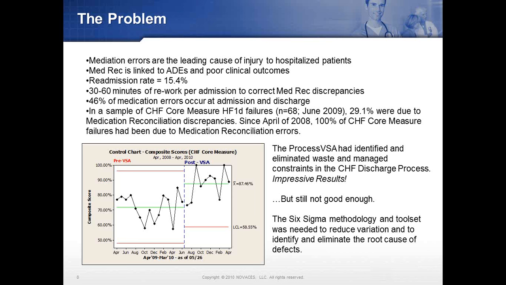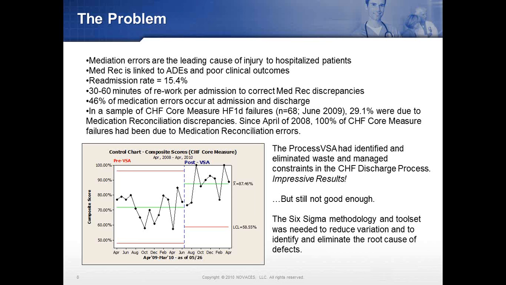Now at this hospital, they were looking at a readmission rate for heart failure patients of about 15.4%. We knew that about 30 to 60 minutes of non-value-added effort was spent on every admission to correct medication reconciliation discrepancies.